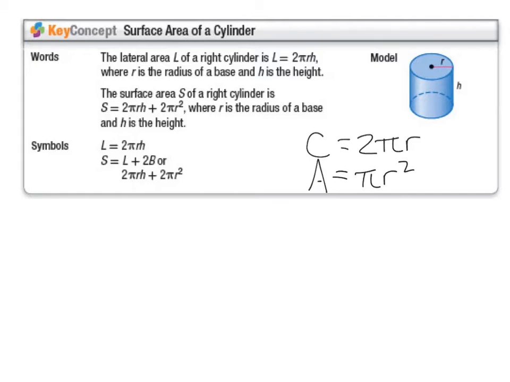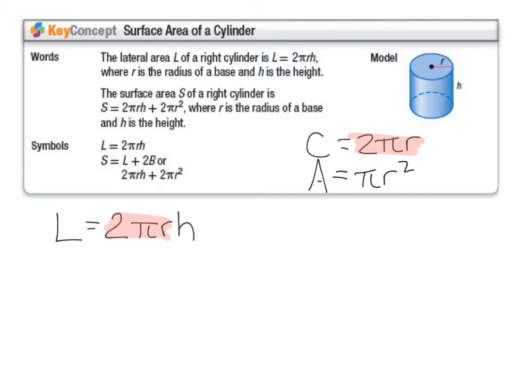So for the lateral area, we have 2 pi times the radius times the height. Now, if you think about it, this 2 pi r right here is the same as the circumference formula, right? And then we're just multiplying it by the height, the distance between the two bases.